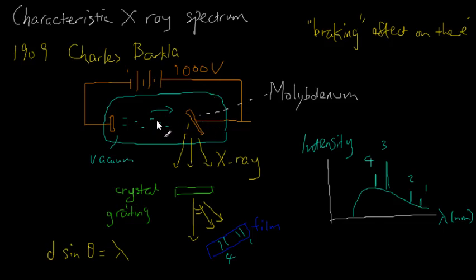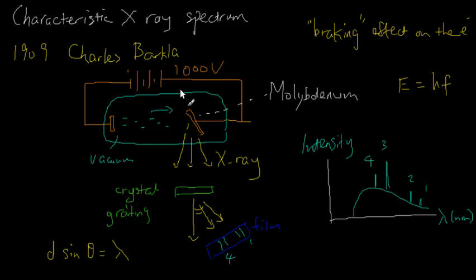So the most that it can lose would be all of its energy, which would be 1,000 electron volts. It can't lose more than 1,000 electron volts of energy. Okay. So if you think about this, the energy is related to the frequency of the X-ray by E = hf. That's the photon energy formula.